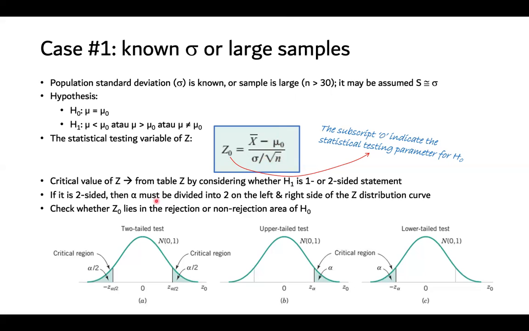Again, we have to check if it's going to be a two-tail test, upper tail test, or lower tail test based on the problem. We're going to have a look at some examples later on.